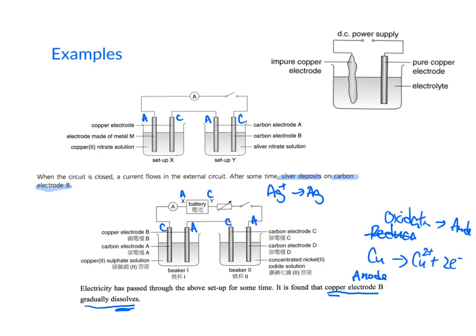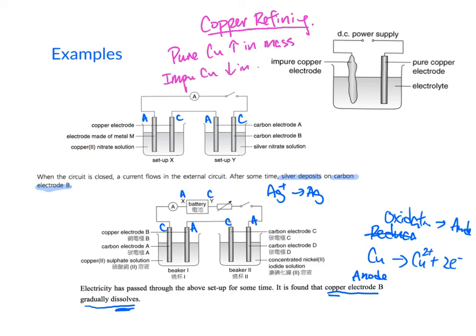Okay, last one, I just want you to have a look at this. When we talk about an impure copper electrode and a pure copper electrode, this one used to be in the syllabus long ago, but right now it has been deleted, as there are too many things to study. This is called copper refining. What we want is for the pure copper to increase in mass, getting more and more, while the impure one will decrease in mass.